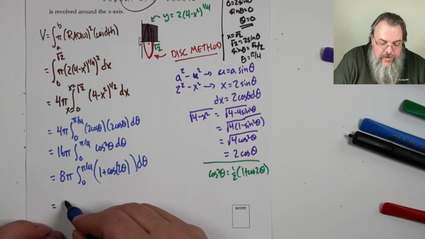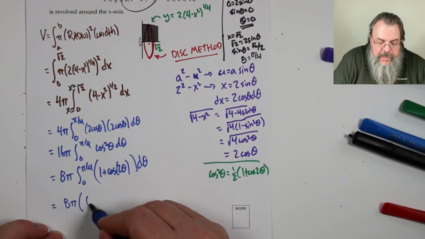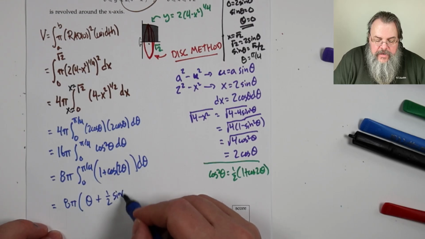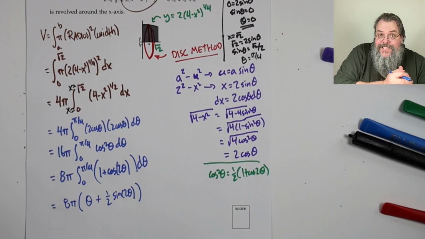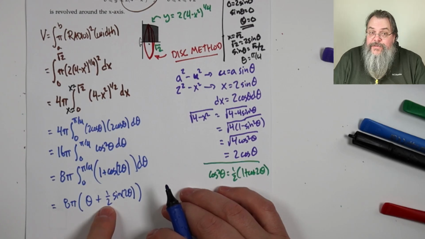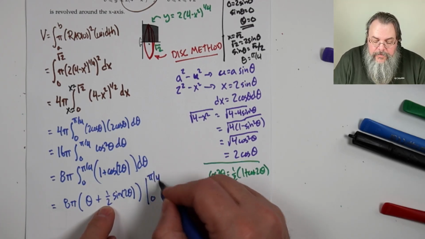So this is 8 pi times theta plus 1/2 sine 2 theta, because the integral of cosine is sine, but because of the 2 on the inside we have to compensate, so we divide by 2 in front. Evaluate from 0 to pi over 4.